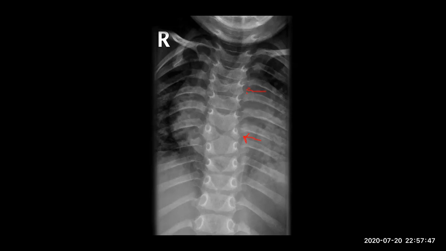So you have spina bifida here and butterfly vertebra. What is the cause of butterfly vertebra?